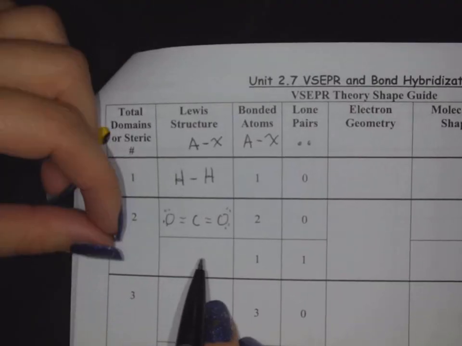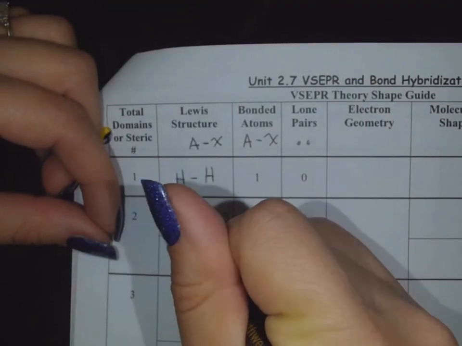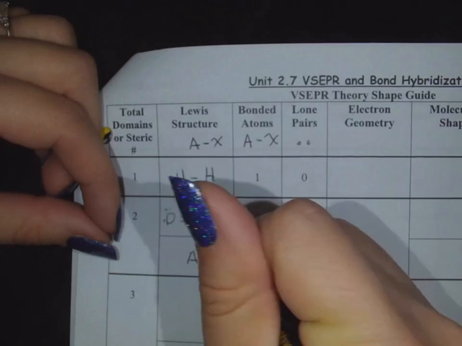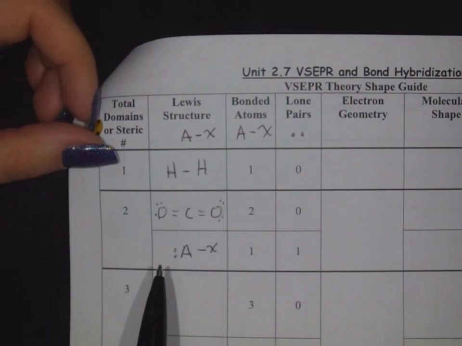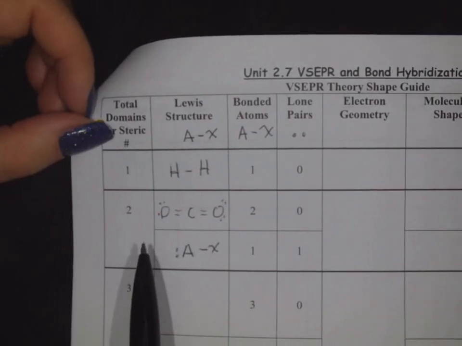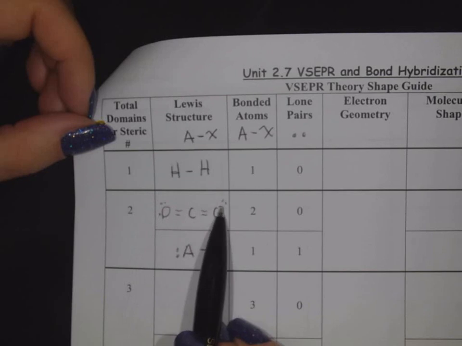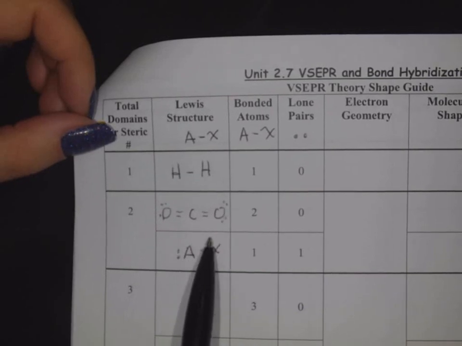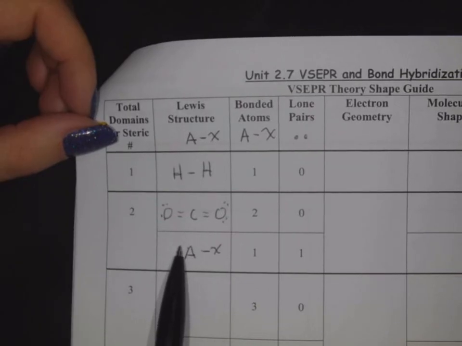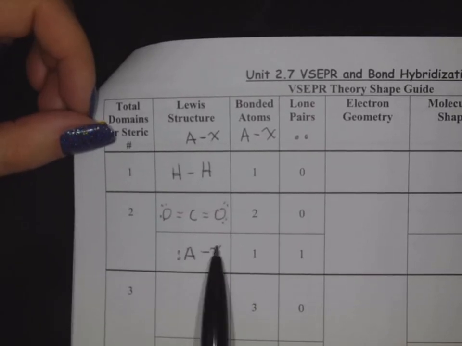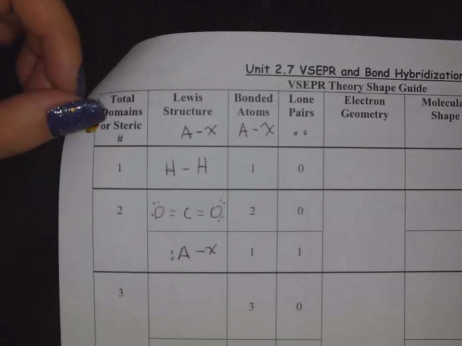So on our next one here, what if we're going to put our center, there's 1 bonded atom, and then a lone pair. Both of these are examples of steric number 2, or 2 electron domains. Off of the center, there was 2 bonded atoms. Off of the center, there was 1 bonded atom, that's 1 domain, and then there was a lone pair on the center, that'd be the second domain. There can also be lone pairs on the outside atoms, but they don't count as domains.